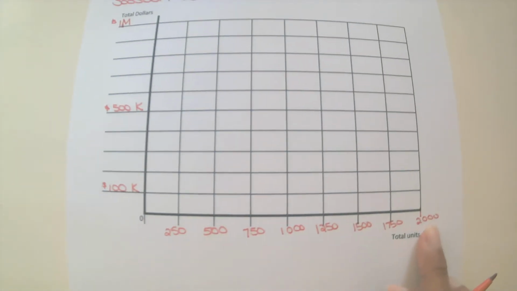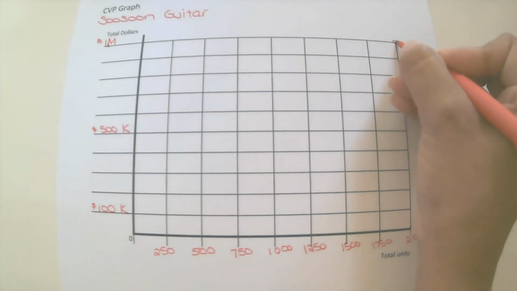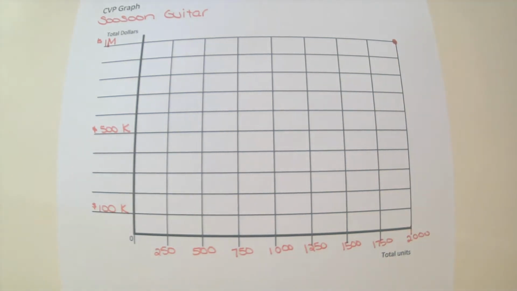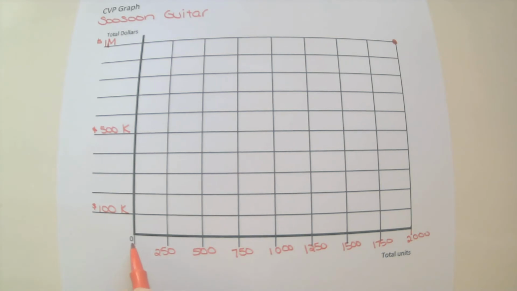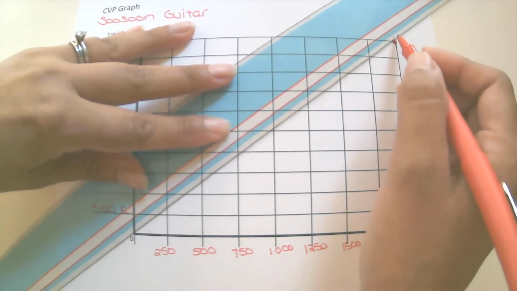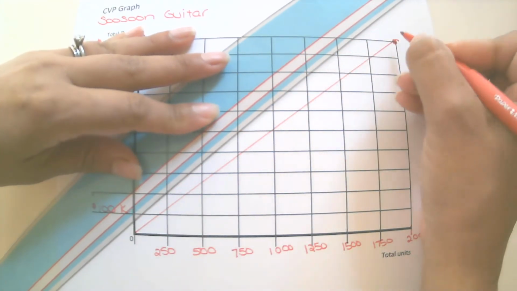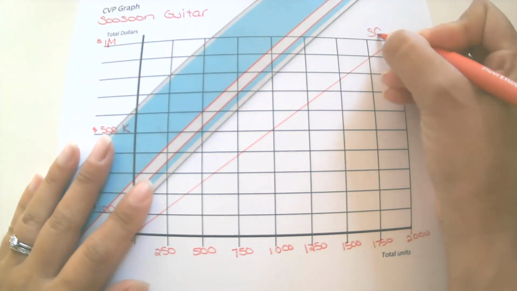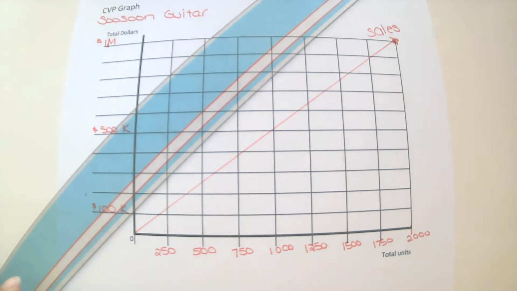So 2,000 gives us $1 million in total sales. So there's 1 point to draw my sales line. My other point is down here at the intersection, because if I sell 0 units, I make $0. So I have my sales line.